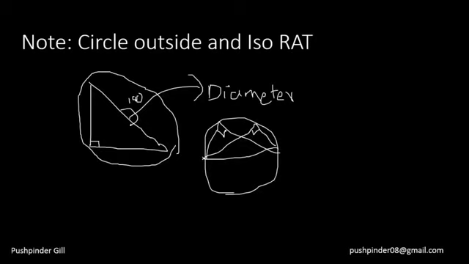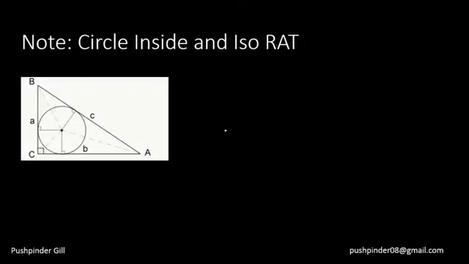So again, I'm repeating that whenever you draw a circle taking diameter as the hypotenuse, or whenever you draw a circle outside the right angle triangle, the hypotenuse will always be the diameter.